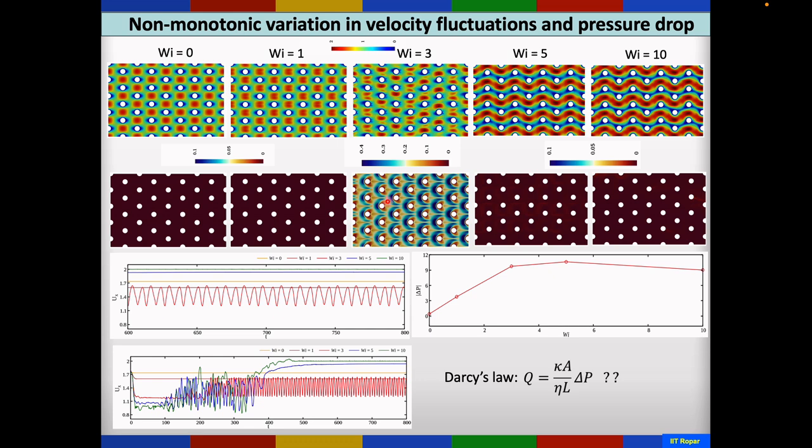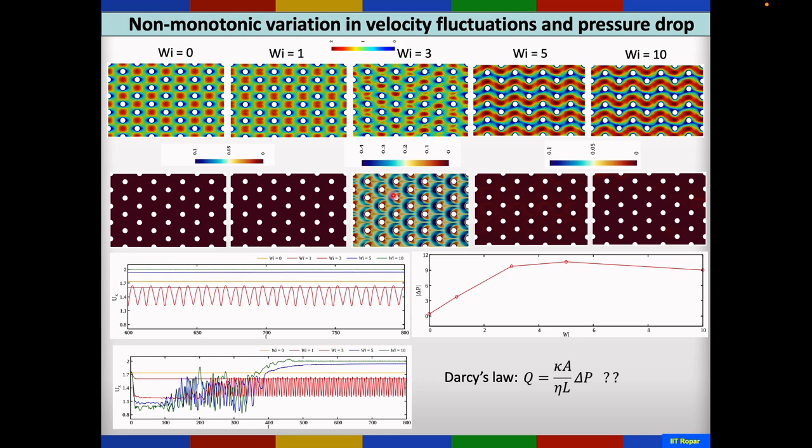So interestingly, the velocity fluctuations continuously increase, reach a maximum, and then are suppressed again. Even if you increase the flow strength further, or increase the polymer relaxation time by increasing either the molecular weight or polymer concentration in your solutions, the intensity of velocity fluctuation due to elastic turbulence is not increasing, it is getting suppressed.